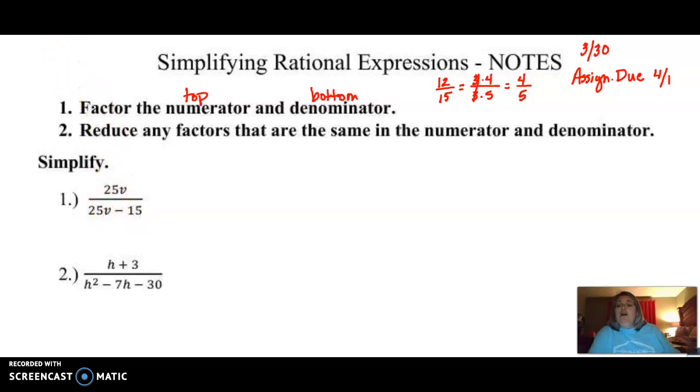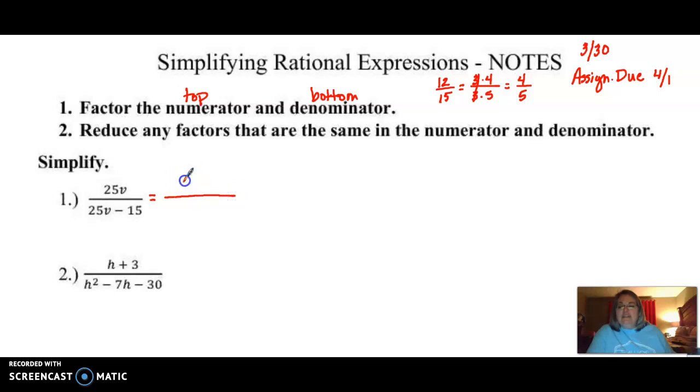So if we move on, looking at number 1, we have 25v. Well, that's just its factors. There's really nothing to do up there, but looking at the bottom, 25v minus 15, we could factor that. So we'll put an equal sign.